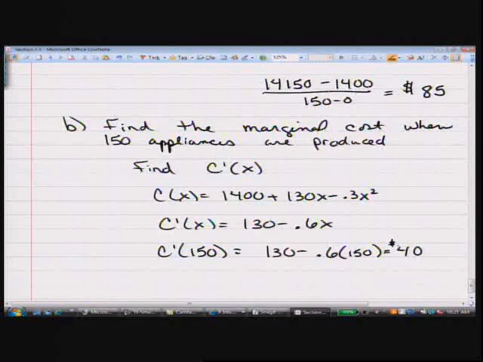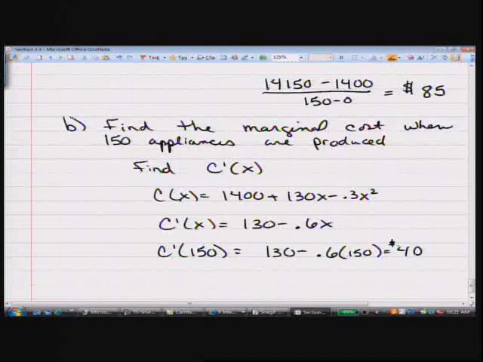It's the marginal cost. What it means in economics is it's about what it would cost to produce the next appliance. So the cost that it would be to produce the 151st appliance.